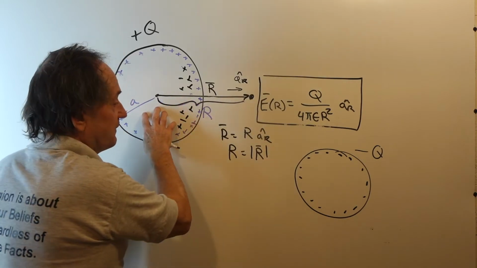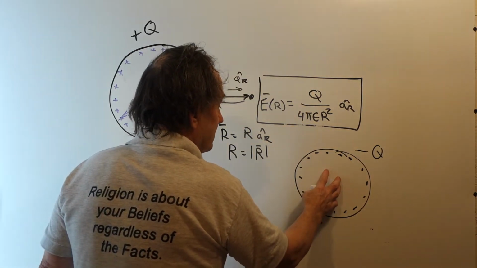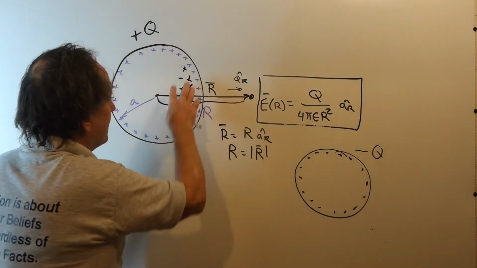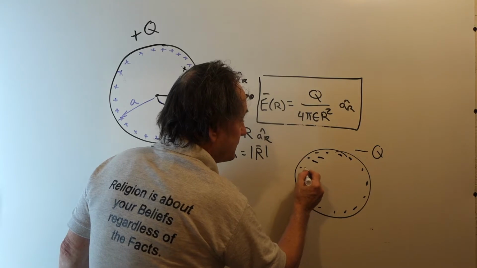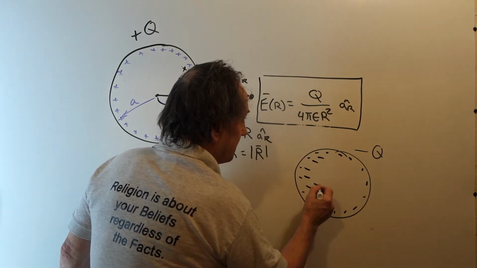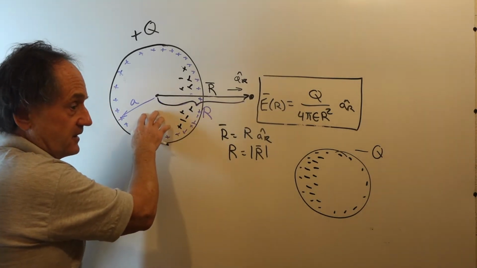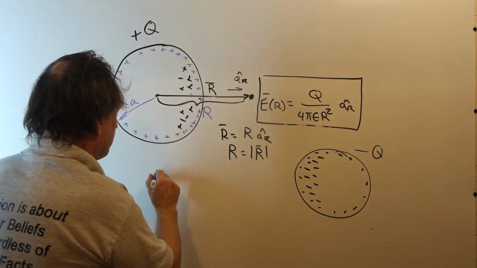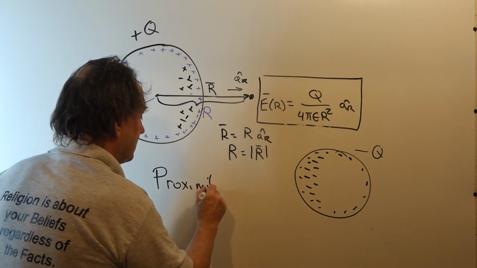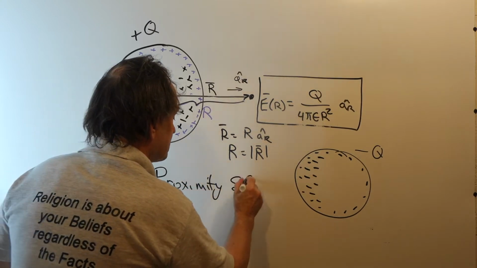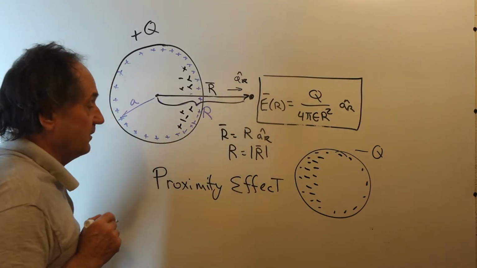The field of this sphere is going to affect and induce charge migration on this sphere. So the positive charge here will cause some of the negative charge to move and collect on the surface that's facing this sphere. This is called the proximity effect. And I'll be discussing that a little more later in the video.